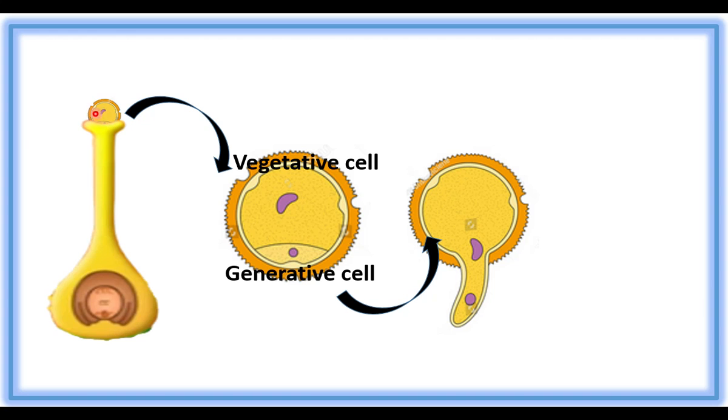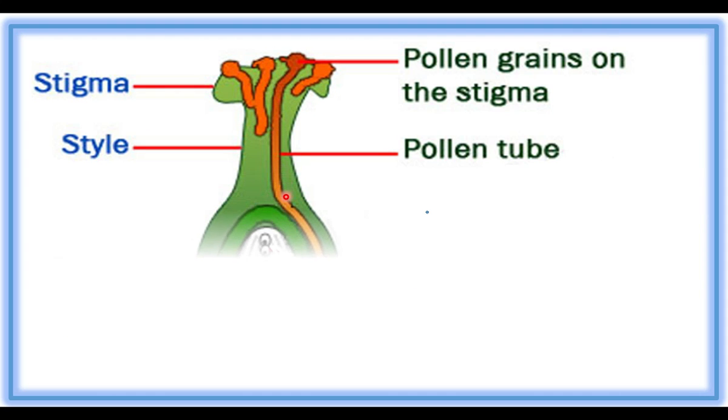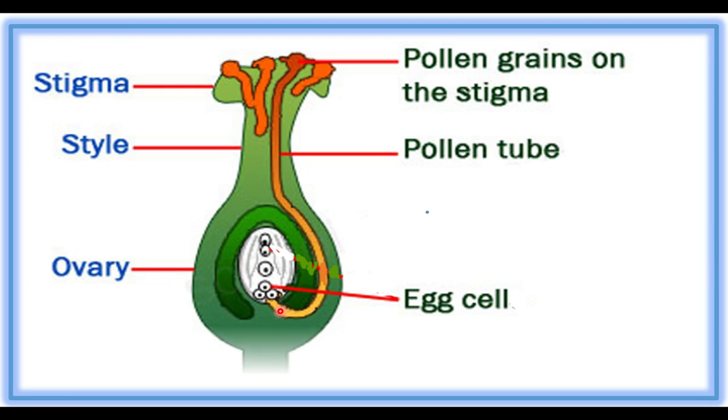The pollen grain germinates when it falls on the stigma, and the pollen tube passes through the style carrying 2 male gametes. Through the micropyle, it enters into the ovule.